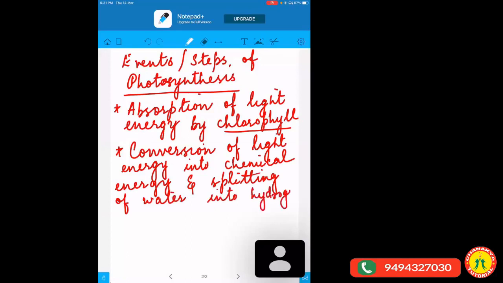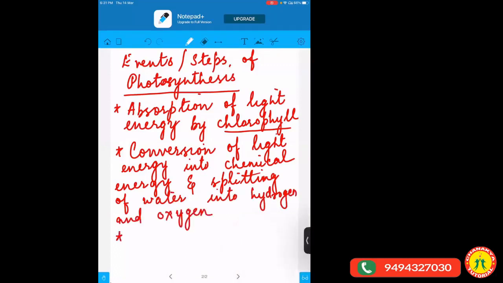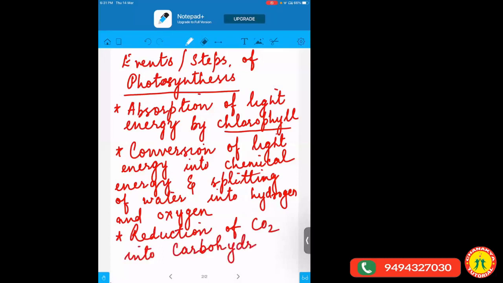So water will break down into hydrogen and oxygen. Whereas in the last step, the reduction of carbon dioxide into carbohydrates. Whatever carbon dioxide is present, they will be converting into the carbohydrates. And this carbohydrate is nothing but the glucose or the food only. So these are the 3 various steps of photosynthesis.